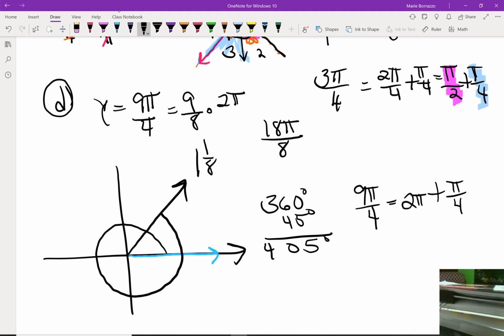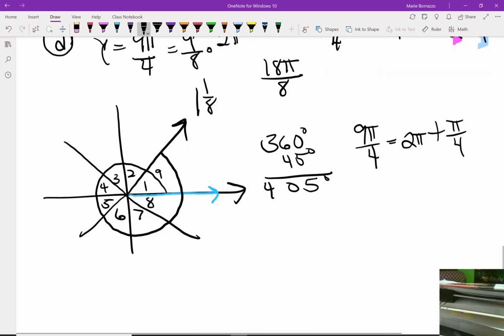I think this is what I verbalized here, in the sense of 1, 2, 3, 4. There is a split. 5, 6, 7, 8, and here's your 9th turn, in a sense. Okay, so that's example 4. I also want to talk to you about coterminal angles next.